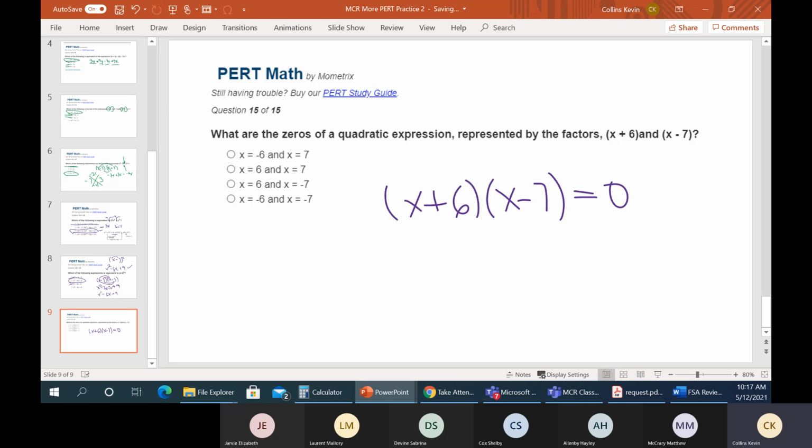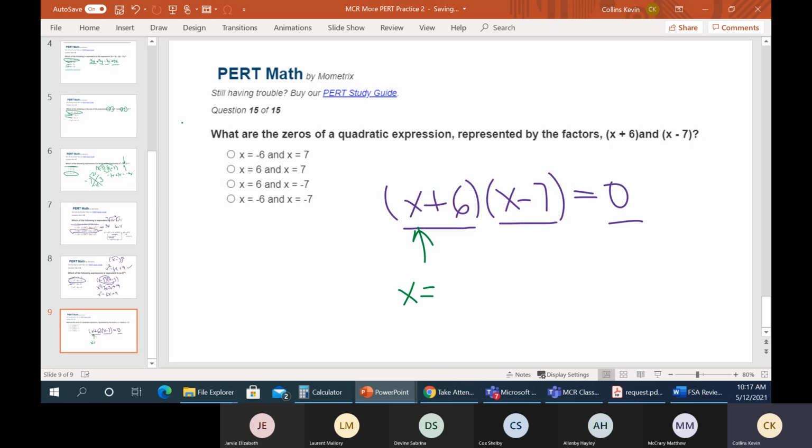We don't know exactly what they are at the moment, but they multiply together to equal 0. So that means either the first set of parentheses has to equal 0, or the second set has to equal 0.